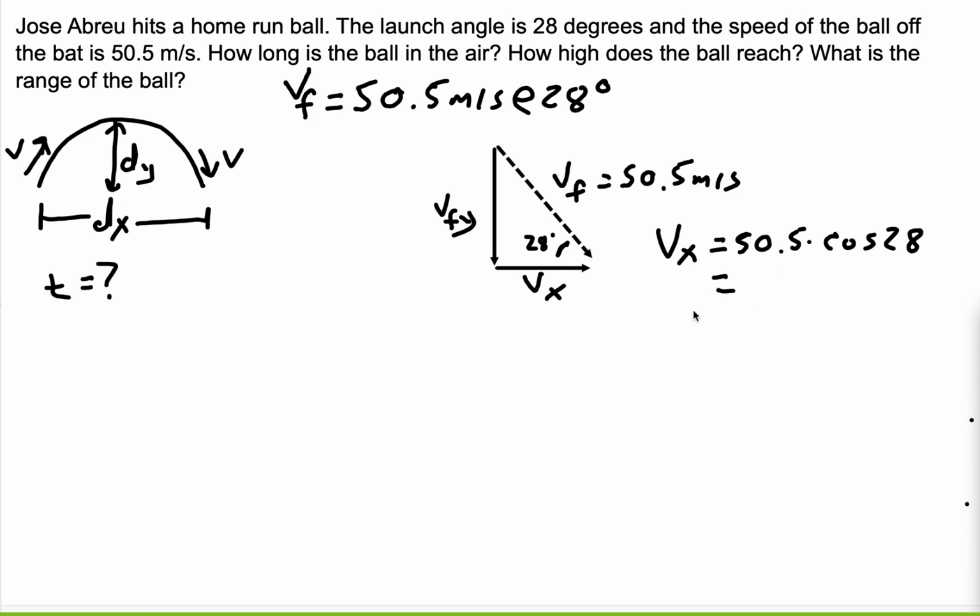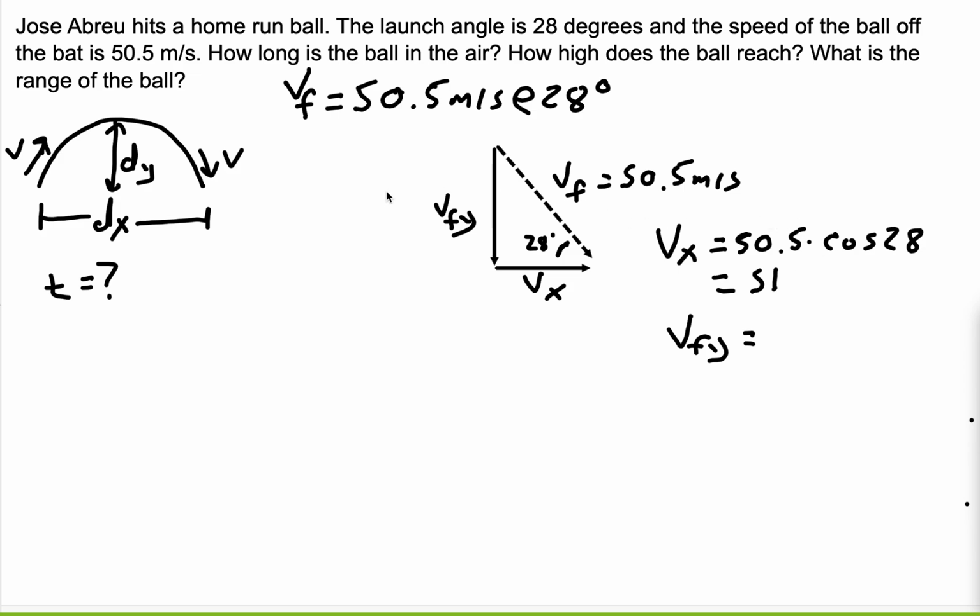If I plug that in my calculator, can someone do that for me? 51.2. Okay, that sounds right. Oh wait, I plugged in the wrong number. Hold on.